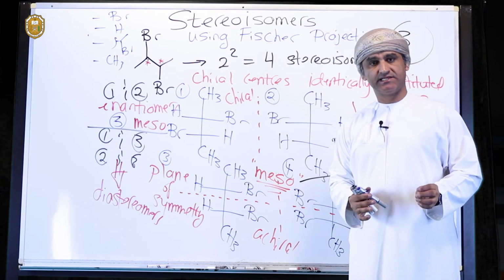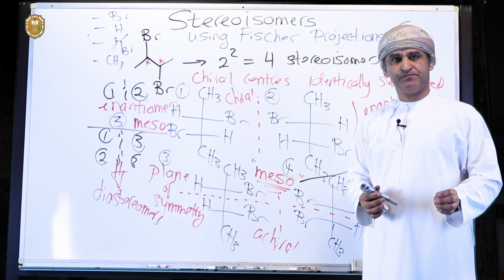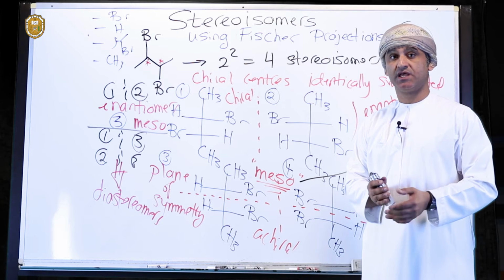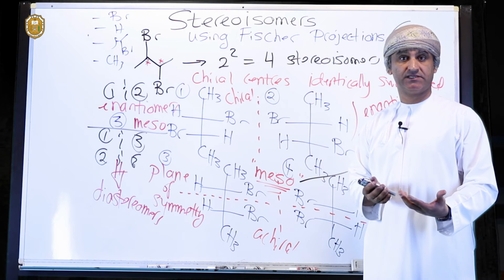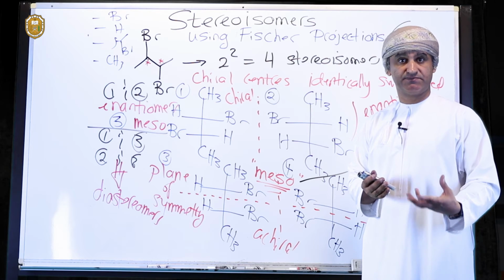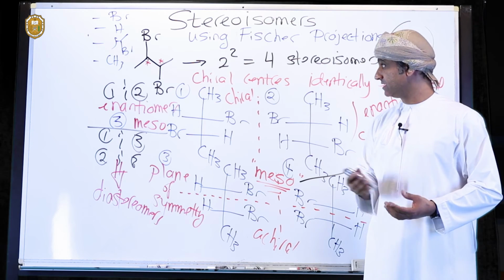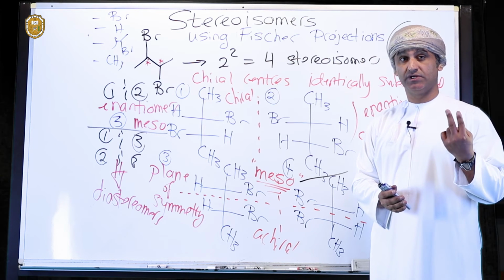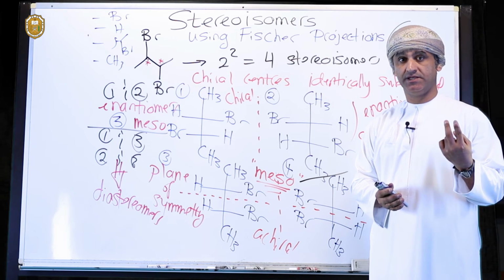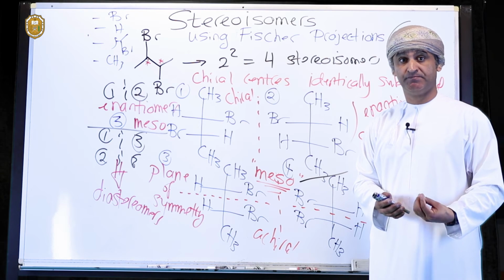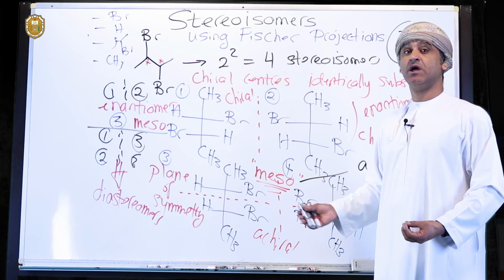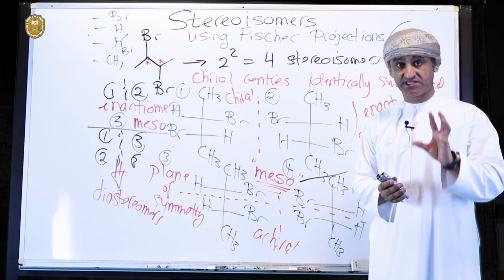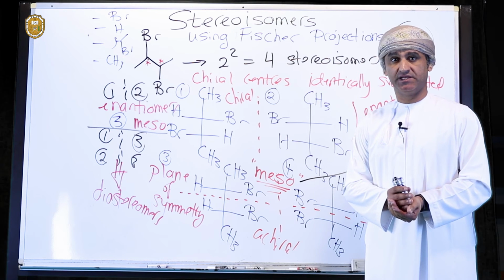So therefore, 2,3-dibromobutane represents an example of a compound which has 2 chiral centers, but in fact it has 3 stereoisomers, not 4 as somebody might predict at first glance. That's because the 2 chiral centers, or the 2 stereocenters, are actually identically substituted. 2 stereoisomers would be non-superimposable mirror images of each other, therefore enantiomers, and the third one would be described as a meso compound, which is the stereoisomer that has a plane of symmetry.